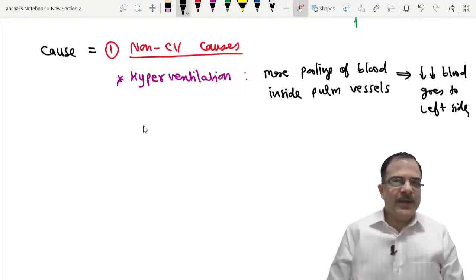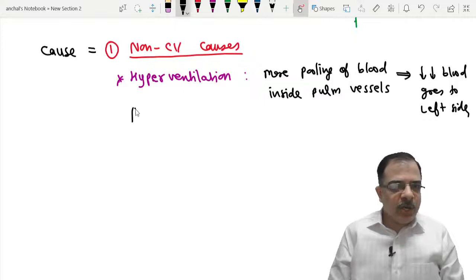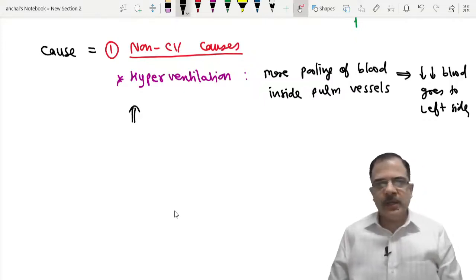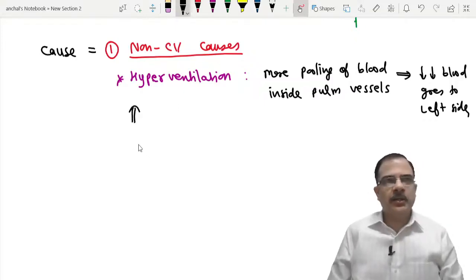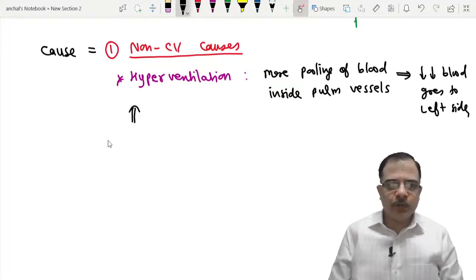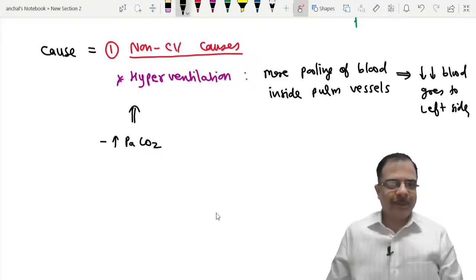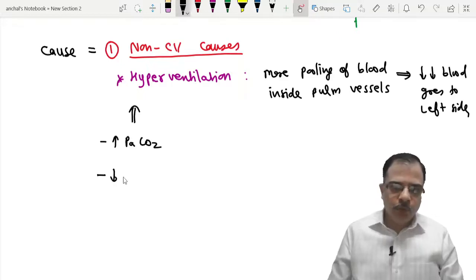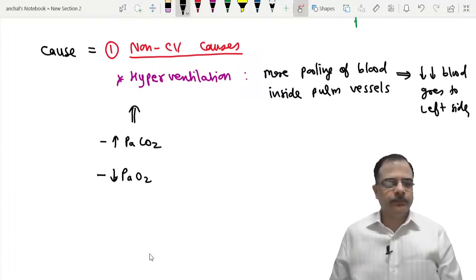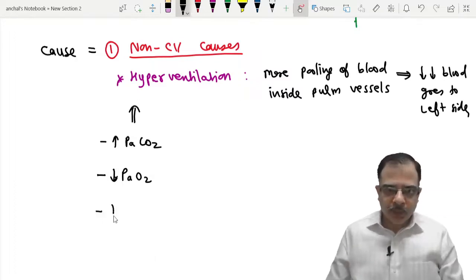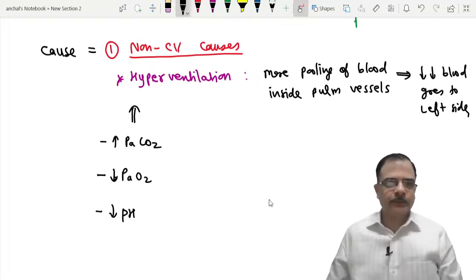So why does hyperventilation occur? This physiology fundamental you can make clear: respiratory centers are stimulated because of either high PaCO2, or low PaO2, or low pH.